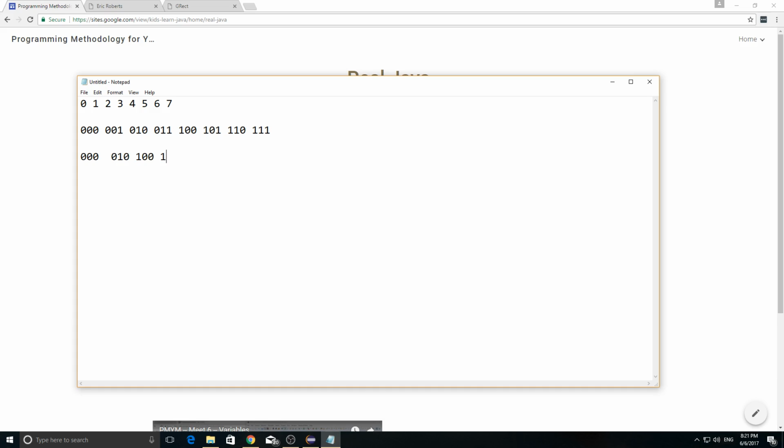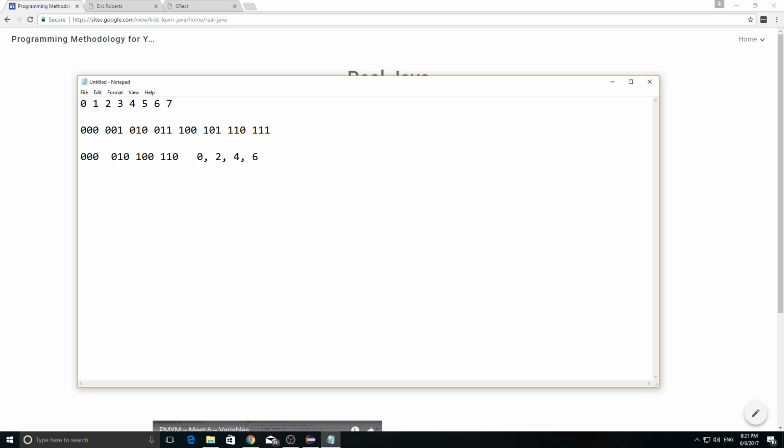This is the first group, and that is basically 0, 2, 4, 6.